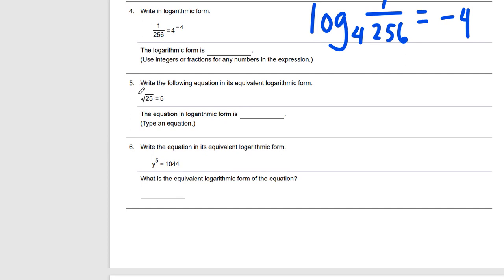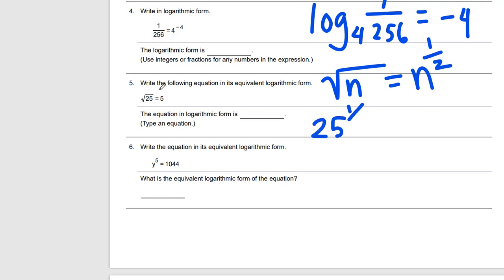Now, if you have a square root, something that you may not remember, but when you have a number that's to the square root, it can be written with a fraction exponent, 1/2. So the square root of n is n to the 1/2. So if we want to write this, we would say 25 to the 1/2 equals 5.